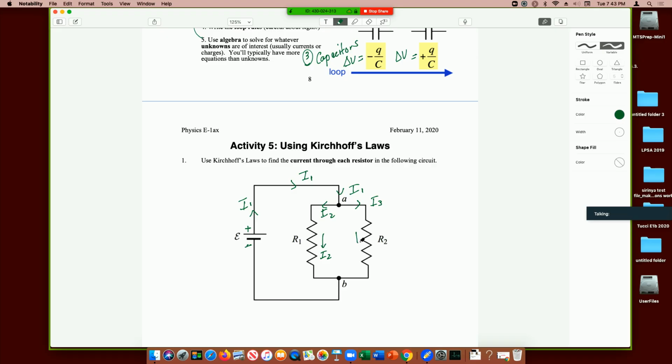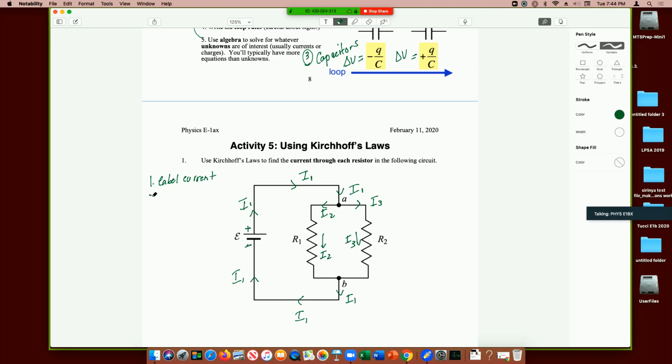This current here is I3. And then it comes back together, and so this is I1 again. And then I1. Okay, so step one is done. We've labeled the currents, so check. I'll write it here so you can see: label current.